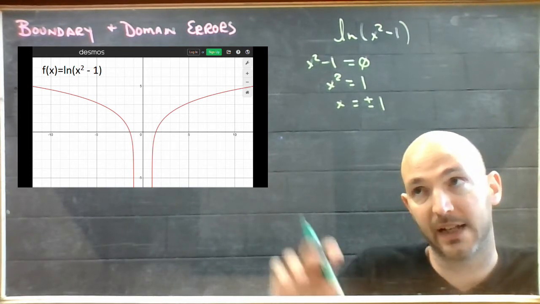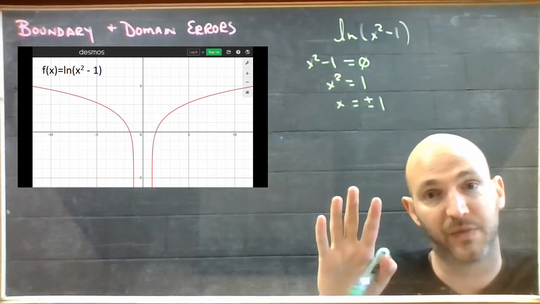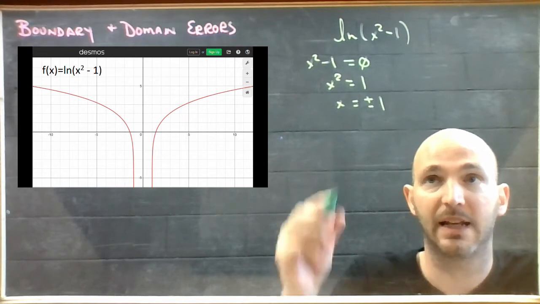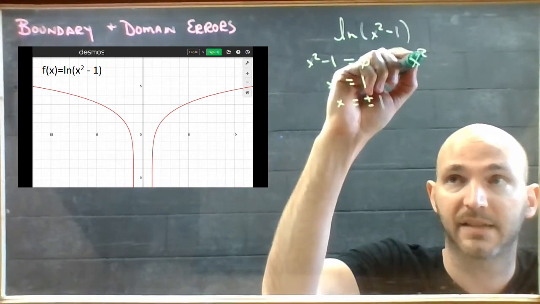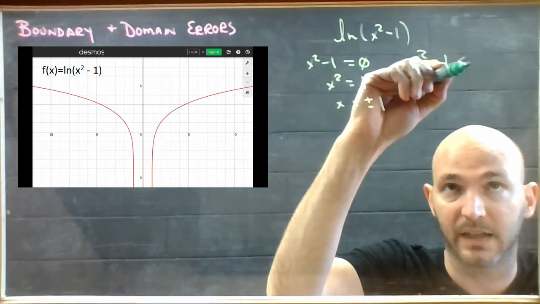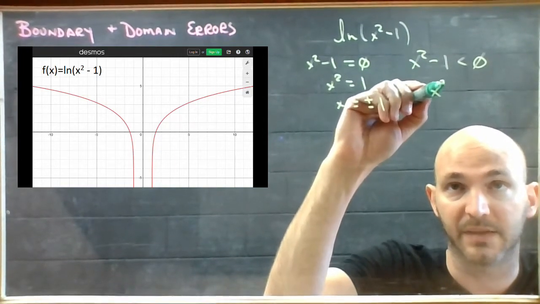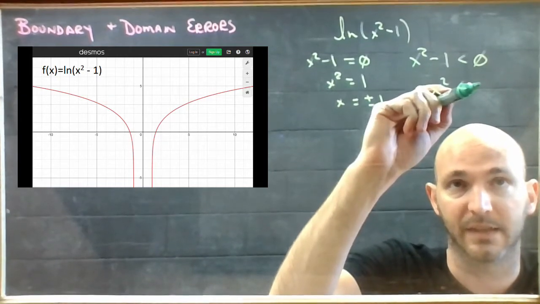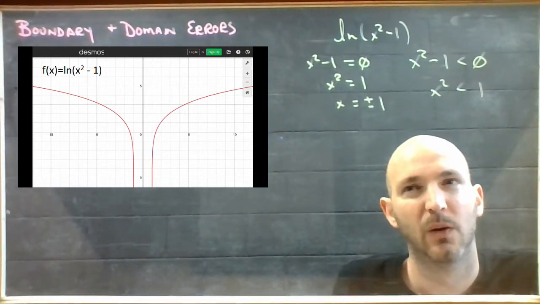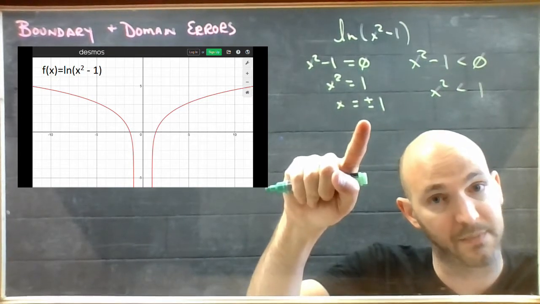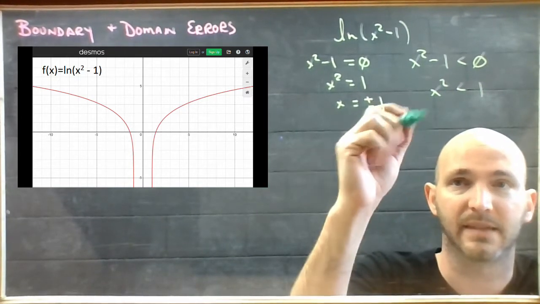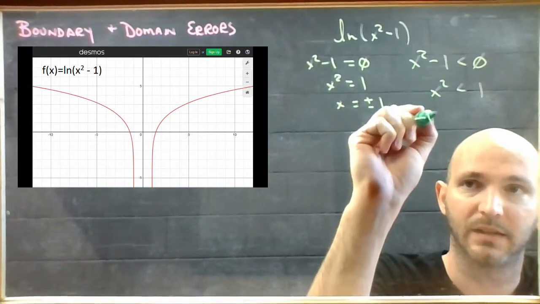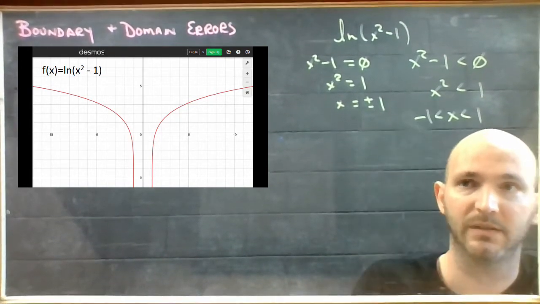The next question then is this domain error. Well, the domain error should be contained by the boundaries. So I'm trying to figure out when x squared minus 1 is less than 0. So any place where x squared would be less than 1. Well, that will happen any place between these boundaries. So that's -1 is less than x is less than 1.